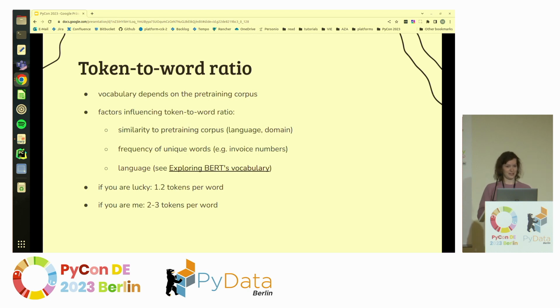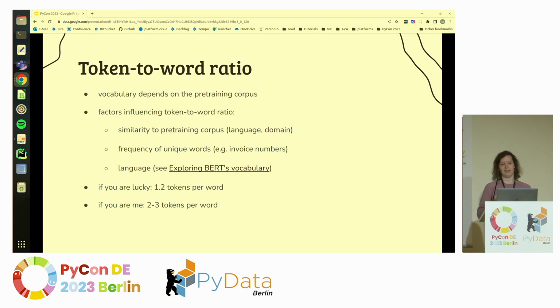Funnily enough, the language itself also matters. For English, you get along with very few tokens, while for languages like Finnish, Greek, Tamil, you tend to get a lot of tokens per word. In absolute numbers, if you are lucky, you can achieve something like 1.2.